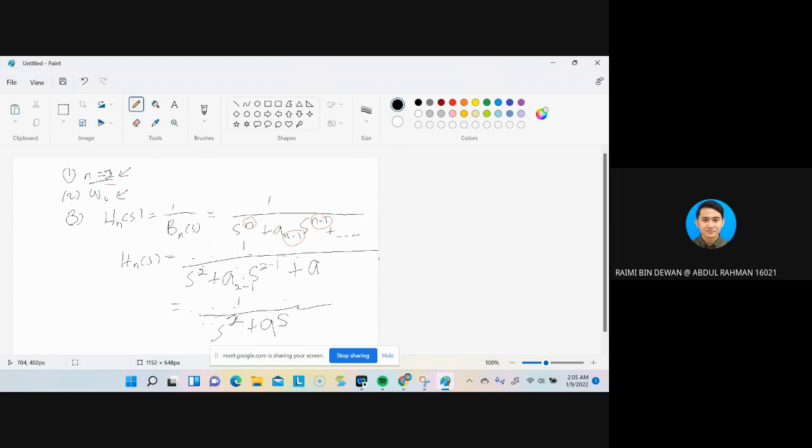But you can see there is a bn here, the generalized form, which is 1 over bn of your H. The generalized form is s to the n plus a n minus 1, s to the n minus 1, plus so on, later on this is minus 2, minus 2, and then a1 s plus 1.